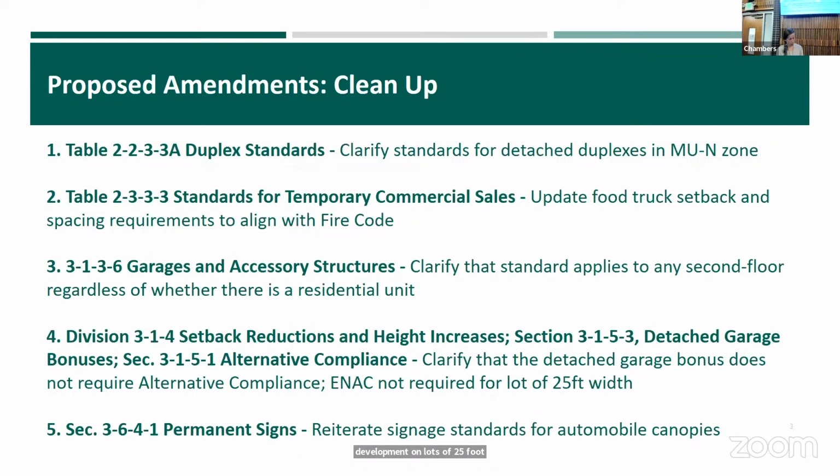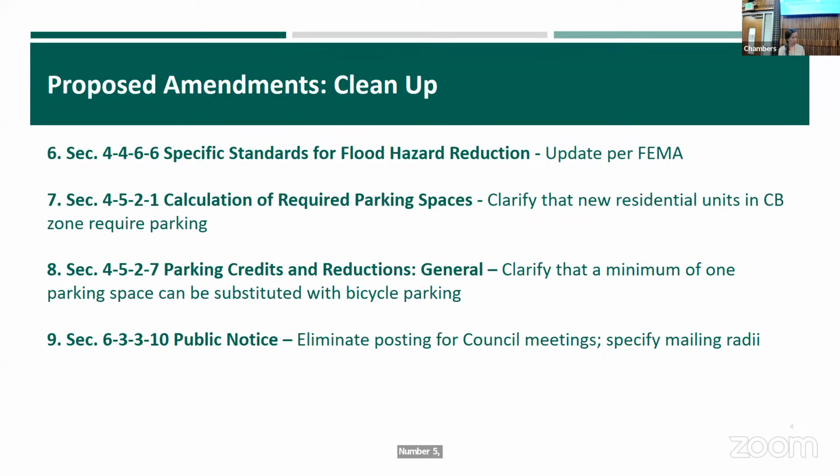Number 5 reiterates signage standards for automobile canopies. Number 6 are updates per FEMA requirements. Number 7 clarifies that new residential units in the central business zone require parking. Number 8 clarifies that in all cases for non-residential development, a minimum of 1 parking space can be substituted with bicycle parking. And then number 9 eliminates the posting for council meetings.